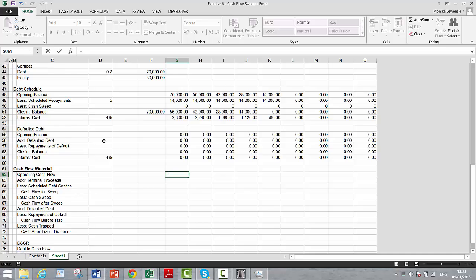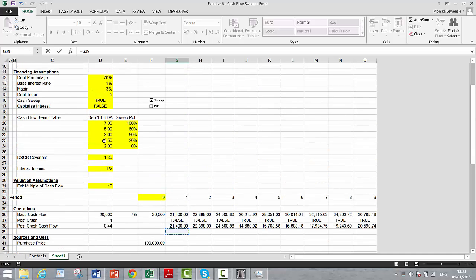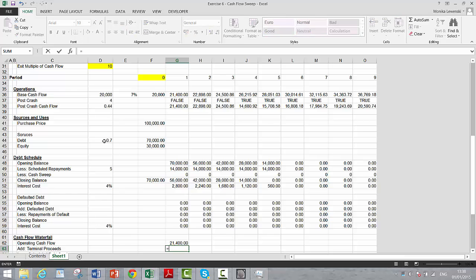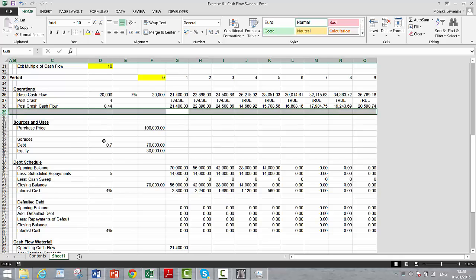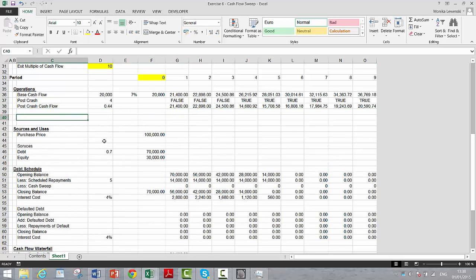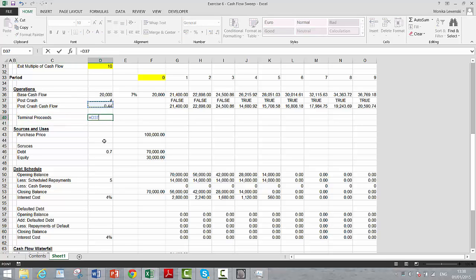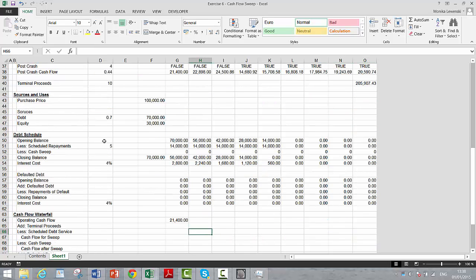The operating cash flow is just from our cash analysis. Our terminal proceeds, I didn't do, that's embarrassing. Let me see. Okay. The terminal balance is 10 times, and I'm doing something horrible again, which means I'm taking our final year cash flow and multiplying it by 10. Sorry about that, but I haven't put all our switches in and everything else to make it really flexible.